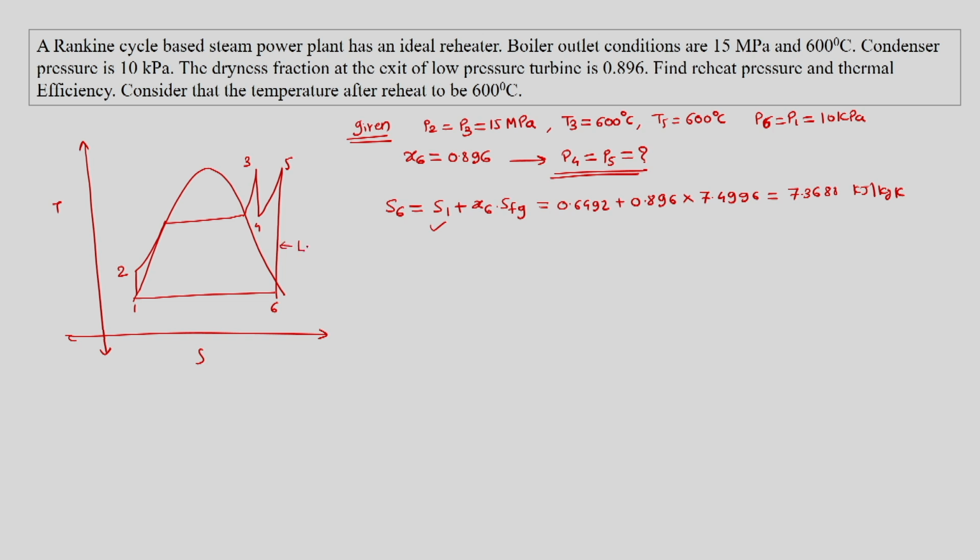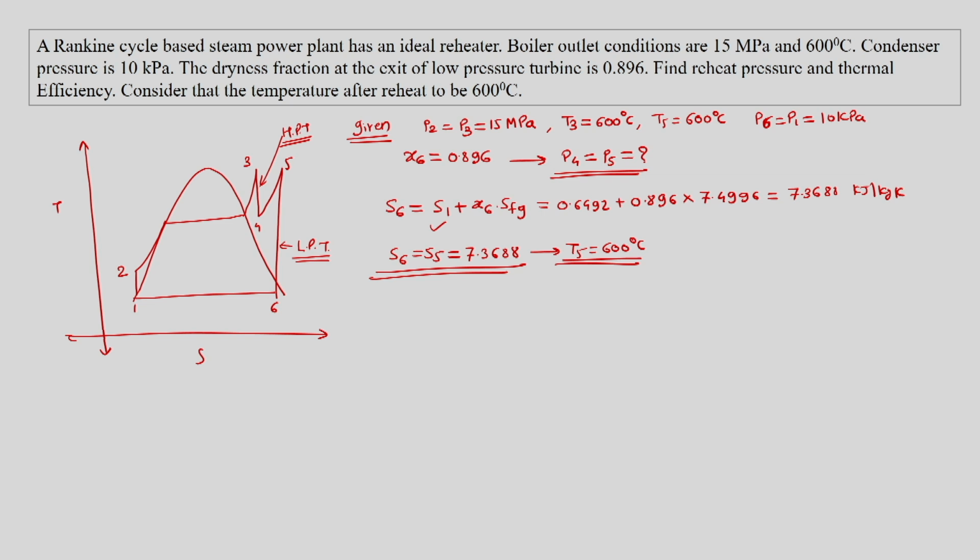We know this is the low pressure turbine and this is the high pressure turbine. Having said this, we can say that S6 is equal to S5, which is 7.3688. Now we also know T5 is equal to 600 degree Celsius.